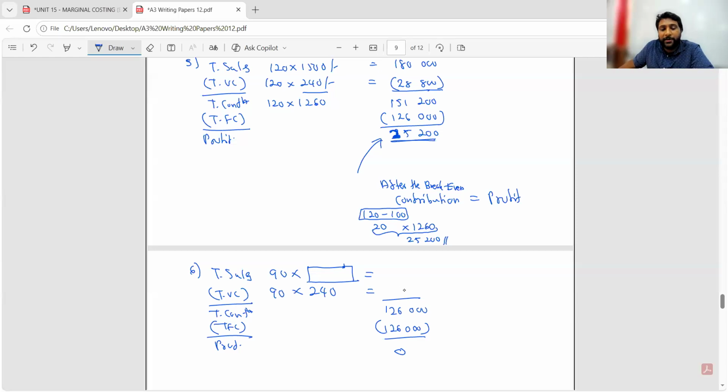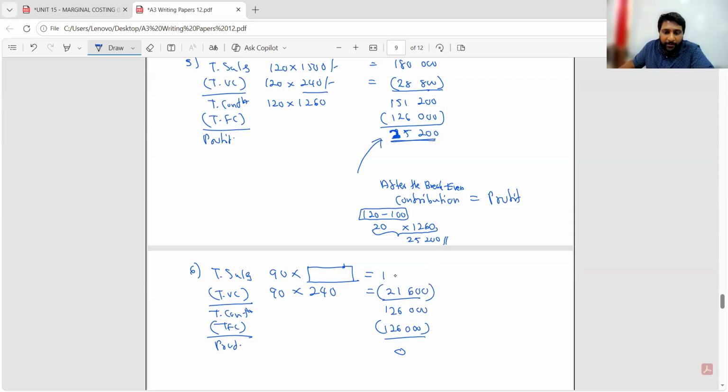Variable cost is how much, people? 240 per teacher, 24,000 minus 2,400, 21,600. How much should be the total sale?